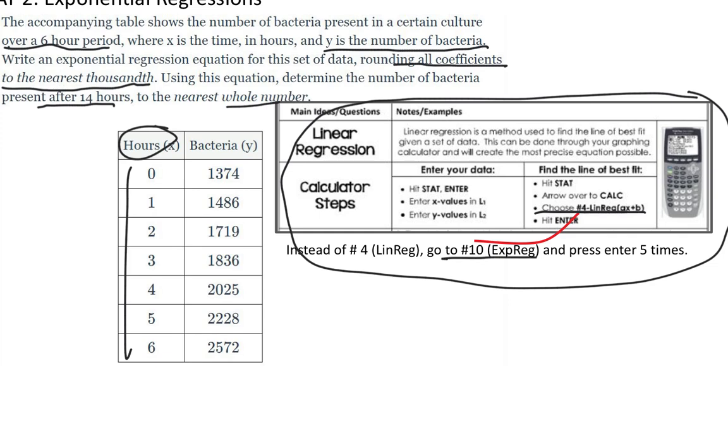Okay, so first we're going to hit the stat key, hit stat, and then we're going to hit enter for edit, because we're going to enter our data. So most of you in your calculator will probably have some data already in there.